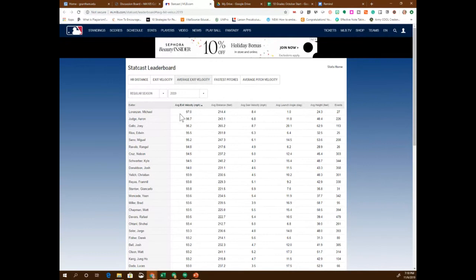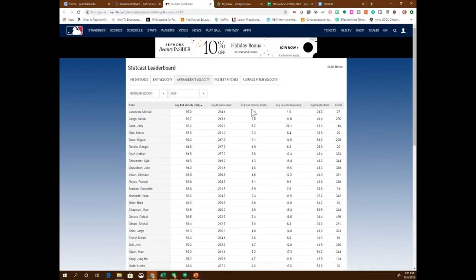They also give you additional information here. They tell you how far it goes, the launch angle, and average height, but those are different, because that's for when it travels across the field.